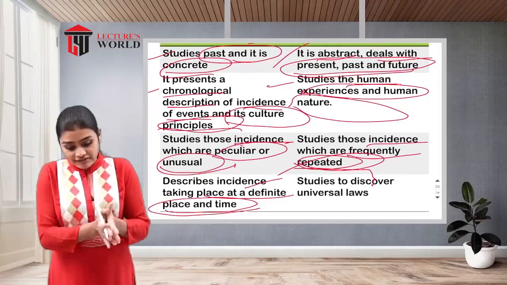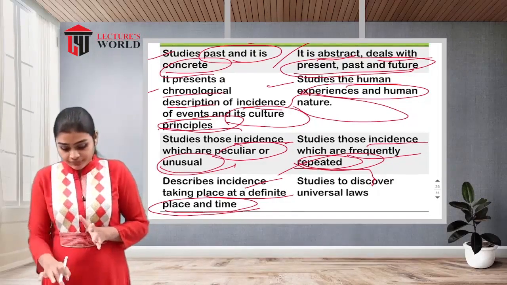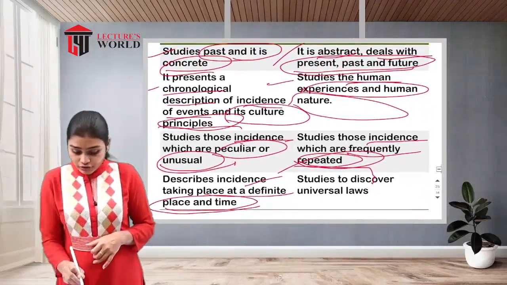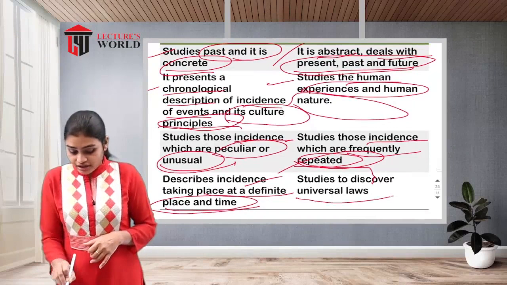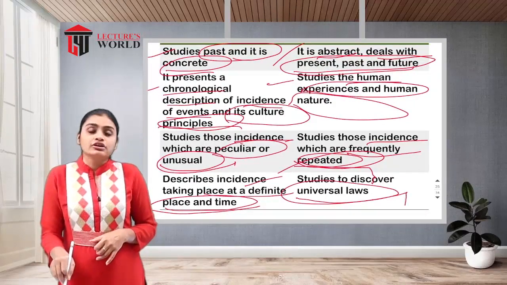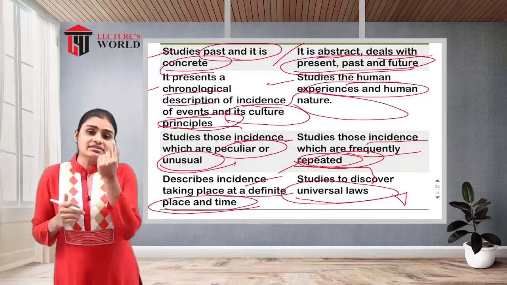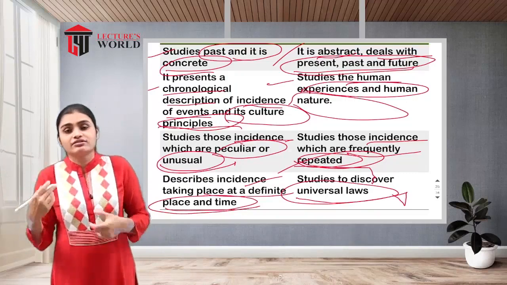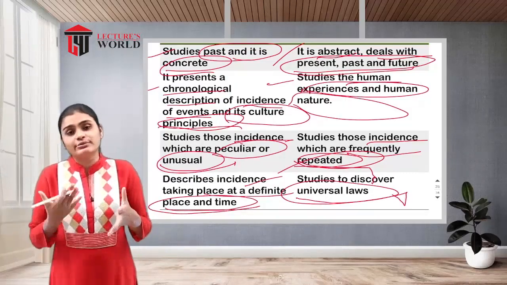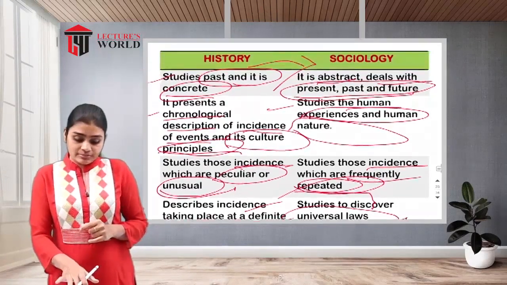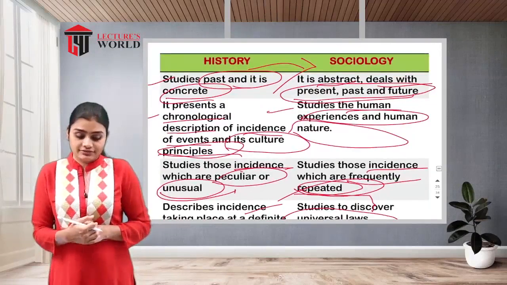That is the definite thing we have in history. Whereas sociology studies to discover universal laws, that means the things which are applicable everywhere. So universal laws will be studied in sociology. That is the relationship of sociology with history.